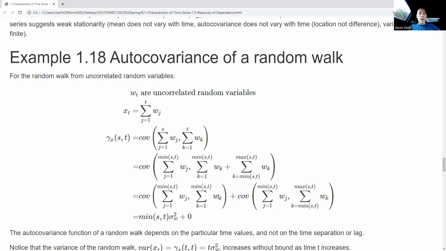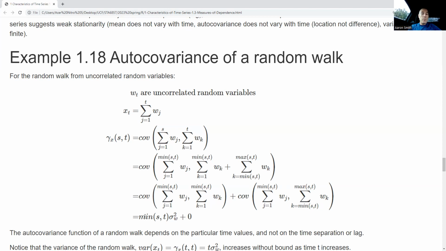Now I'm going to use the formula that we had for breaking up the covariance. I've got two separate time series here, and I'm going to break it up into two components. This part is going to have covariance of 0, and this should have a min +1 right there.